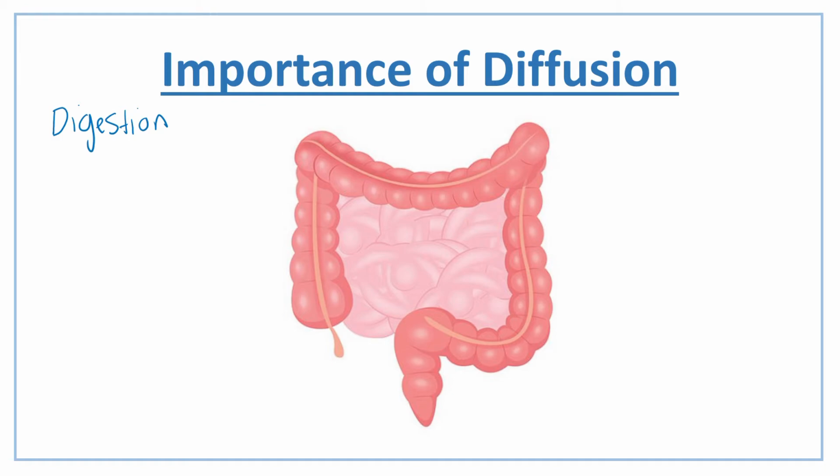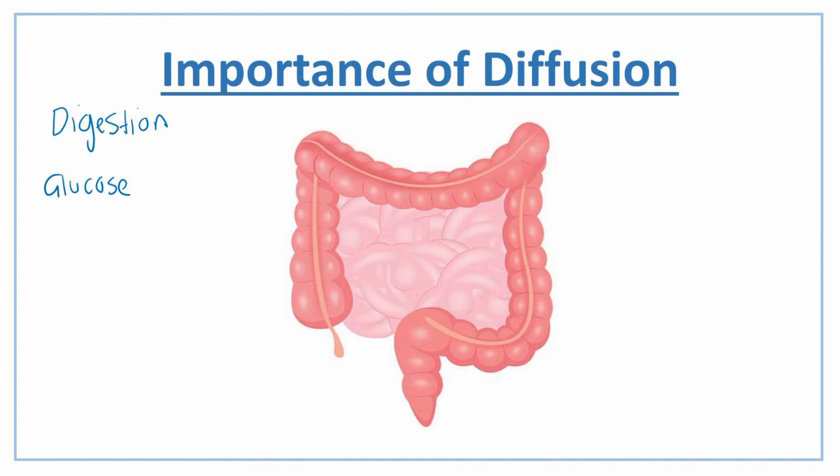So you're getting all of your different food groups inside of that burger, but they all need to be broken down into a core component before they can actually be used by our body, and that is glucose. So they need to be broken down into the simple sugar glucose. The reason that happens is because our cells need glucose to perform their important functions. Our cells need glucose to get energy.